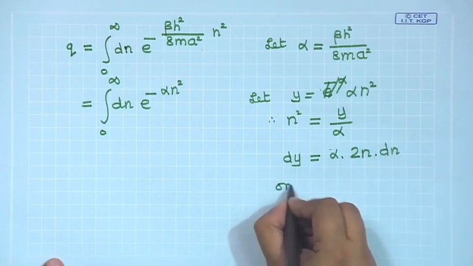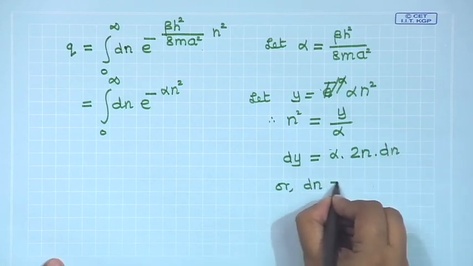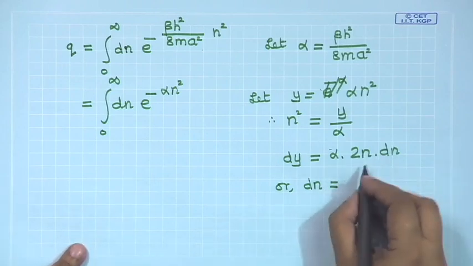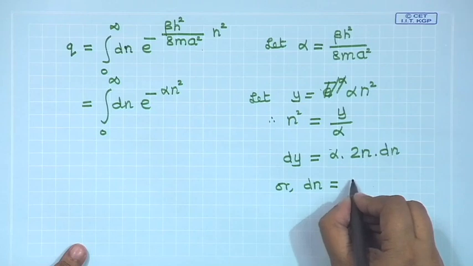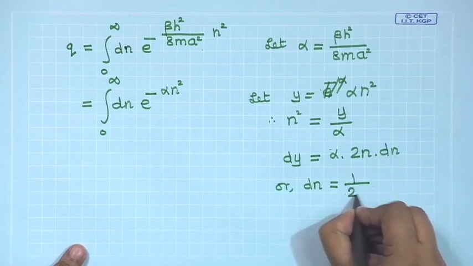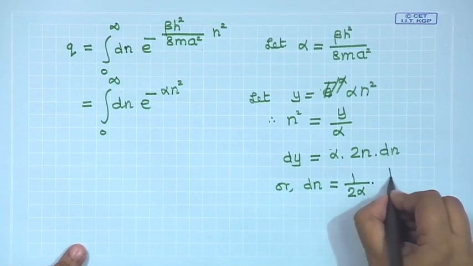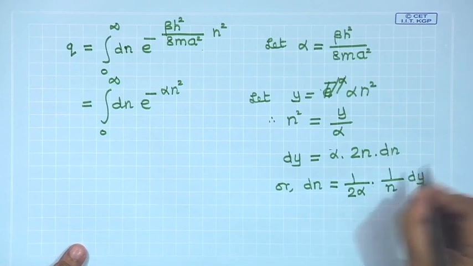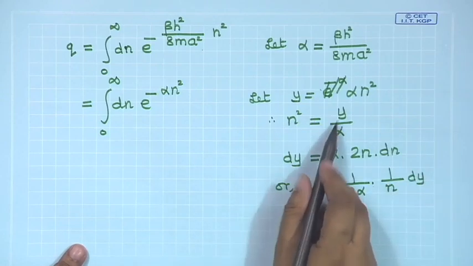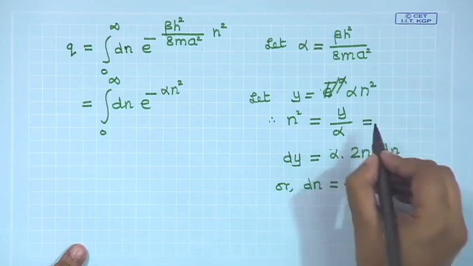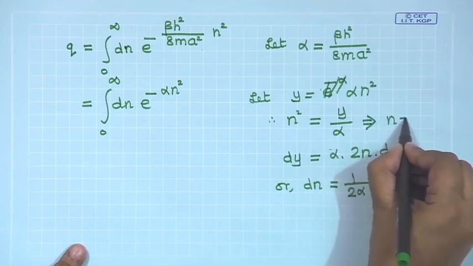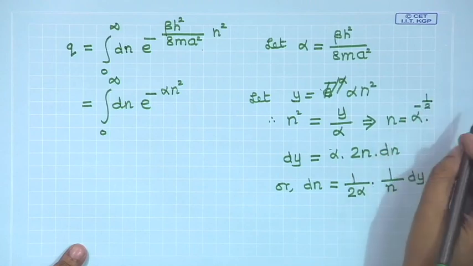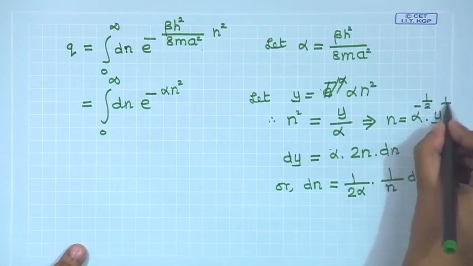Now, I am going to finish this change of variable and say that dn is equal to 1 by 2 alpha into 1 by n into dy. Now, what is n? n square is equal to y by alpha. Therefore, n is equal to alpha to the power of minus half into y to the power of half.